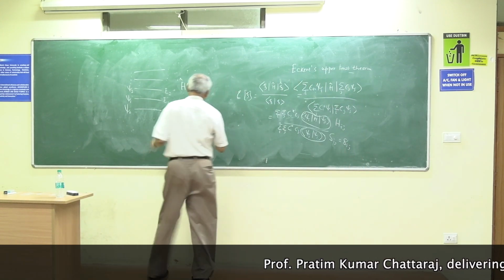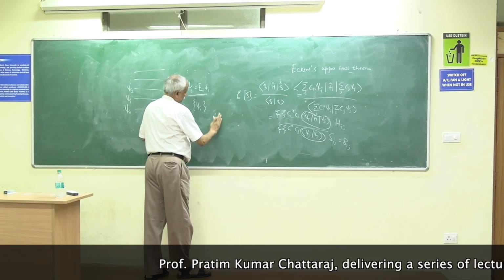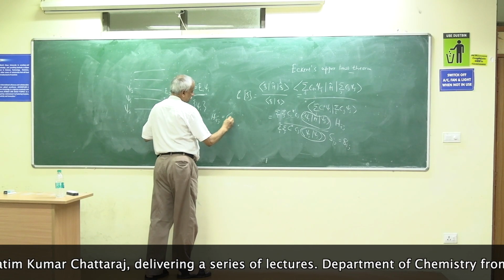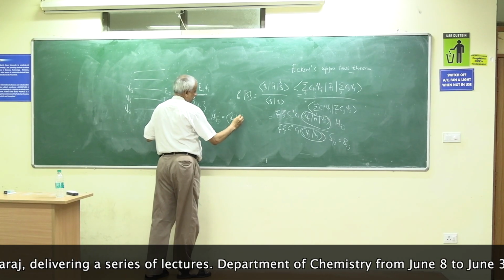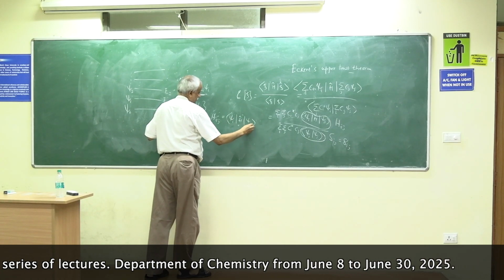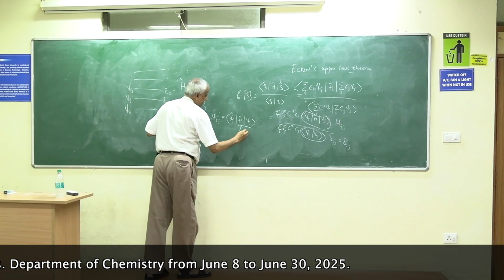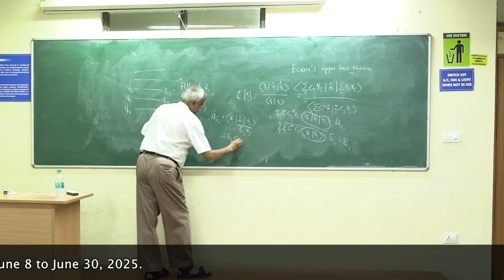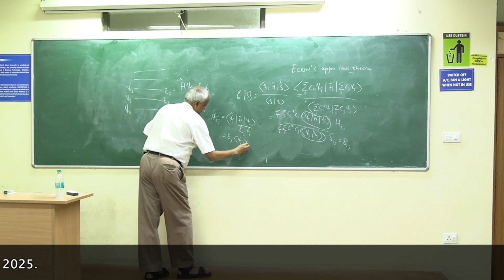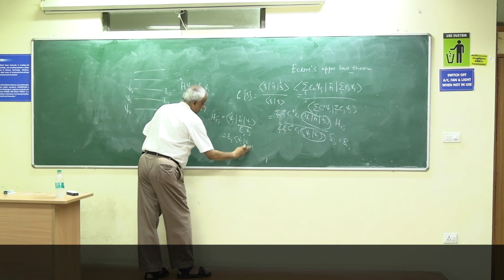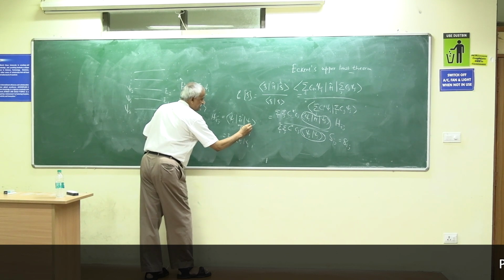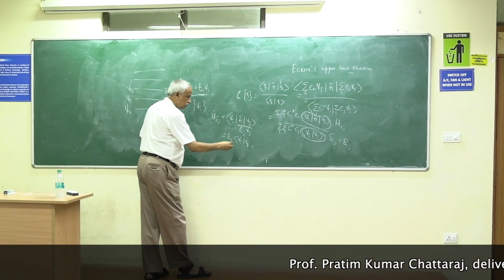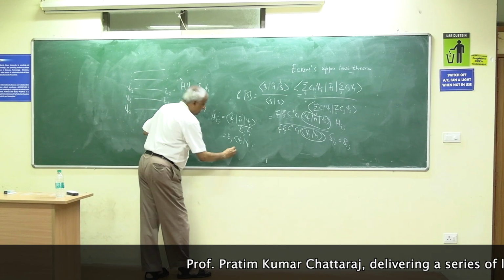You see, H psi j is Ej psi j. Ej you take out. So only psi i will remain. The rest of the terms will go because the overlap will be 0, and this one would be 1.